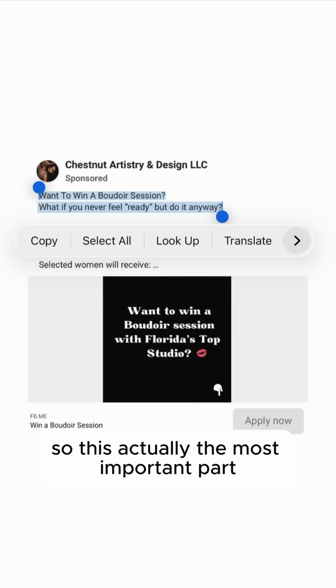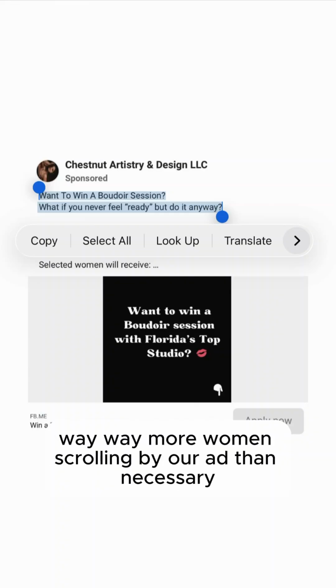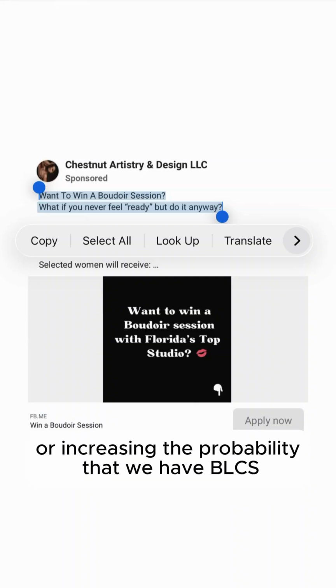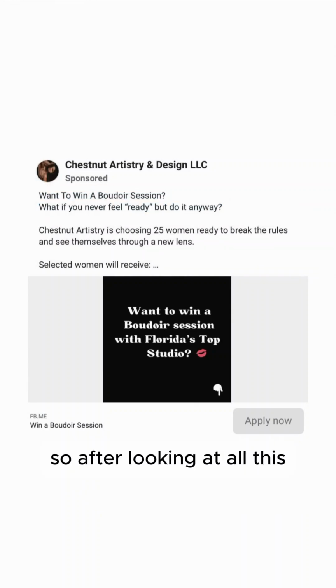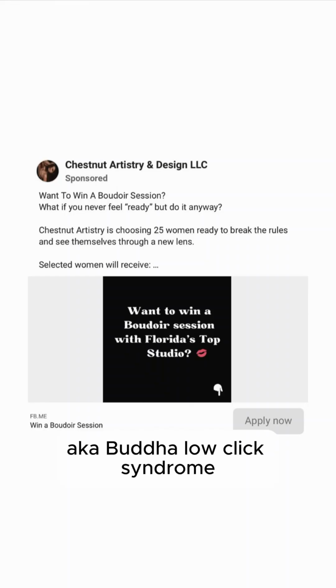So this is actually the most important part. The consequence of the lack of context mistake is way more women scrolling by our ad than necessary, pulling our unique CTRL under 6%, and increasing the probability that we have BLCS, aka Boudoir low click syndrome. So after looking at all this, my diagnosis is yes, I do believe this Boudoir Facebook ad has BLCS, aka Boudoir low click syndrome.